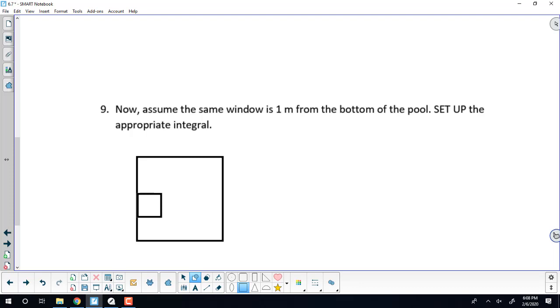Okay, so that's the situation here. So in our force integral, what changes? Just the limits of integration. Just the limits, from 1 to 1.5.